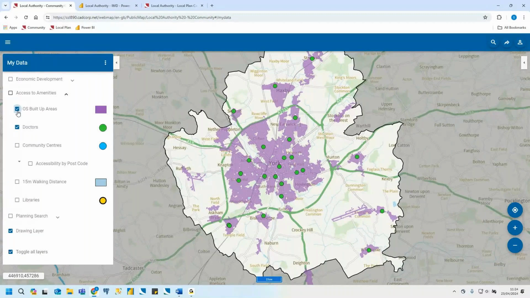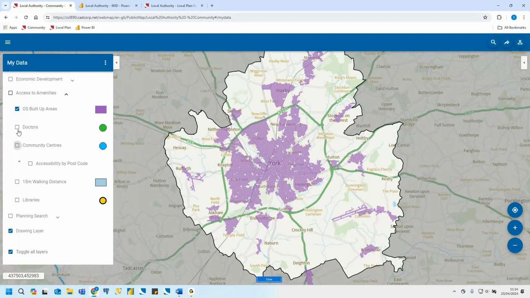From this perspective, we might say there appears to be a good distribution, location wise, of doctors' surgeries around York. This next example shows community centres, again on the face of it pretty good accessibility, although we have certain urban outliers where there isn't a community centre nearby. But perhaps there are reasons for this.